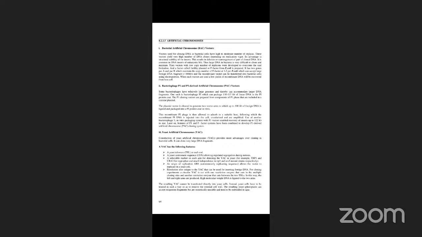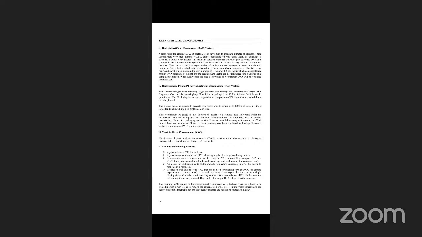A factor called fertility factor, or F factor, from E. coli was used, and two genes, parA and parB, are there to maintain the copy number of the F factor. So at least 1 to 2 copies of the F factor will be present in each E. coli, and the DNA vector can be transferred into the bacterial cell. So it's an artificial chromosome, constructed by taking these genes and segments from different vectors.